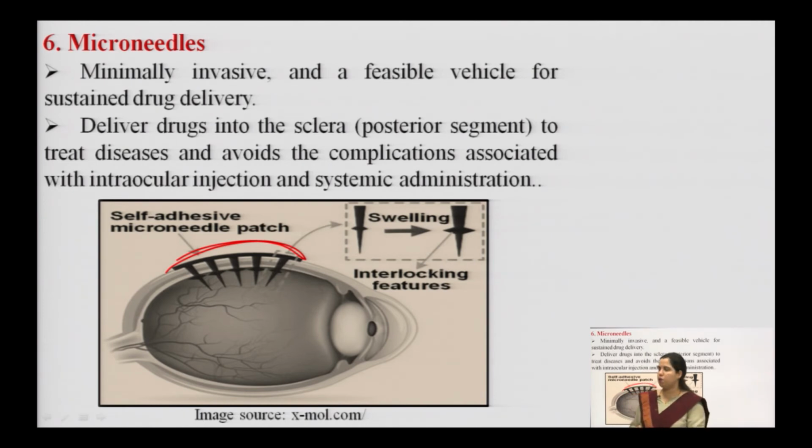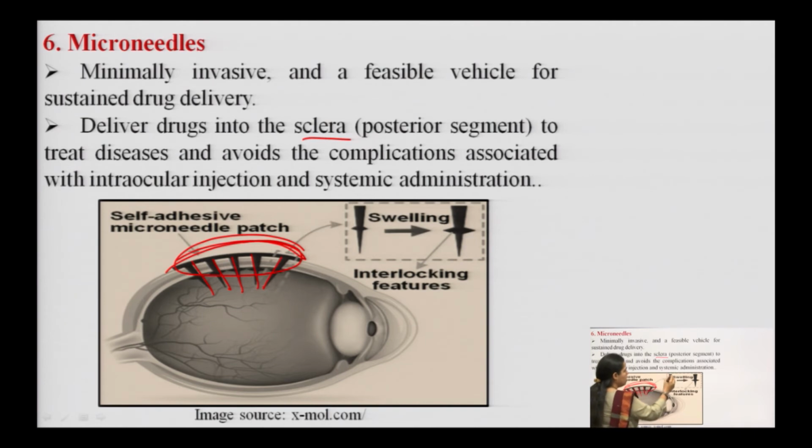Now, you see in the picture, after putting this microneedle patch on the required region, that is your sclera, the posterior segment, this is the anterior segment and this comes under the posterior segment of the eye. Your patch is put here and these are outer projections.